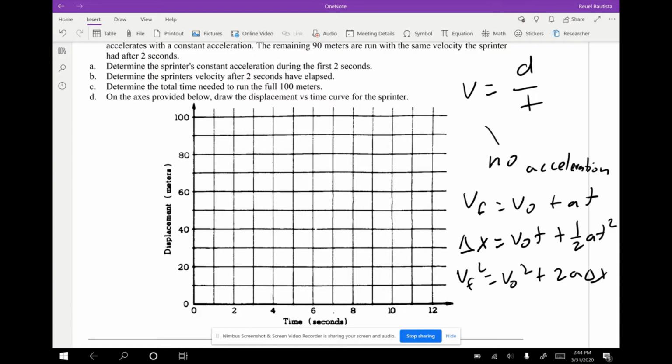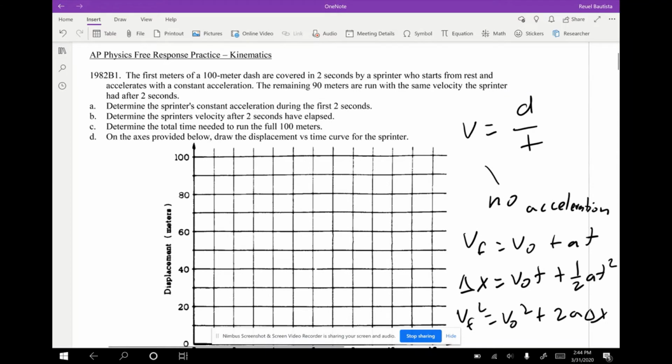So what we know based on this question is that in the first 2 seconds of the 100-meter dash, the sprinter has a constant acceleration. So the sprinter is speeding up at a constant rate for the first 2 seconds. Then after the 2 seconds, he's going to run with the same velocity he has, meaning a constant velocity and 0 acceleration.